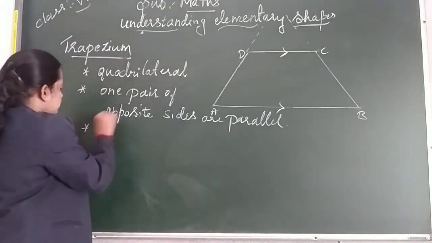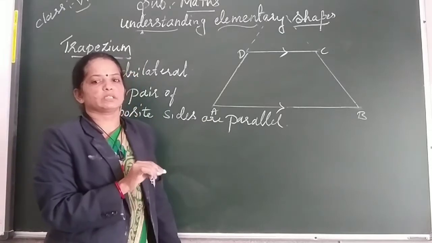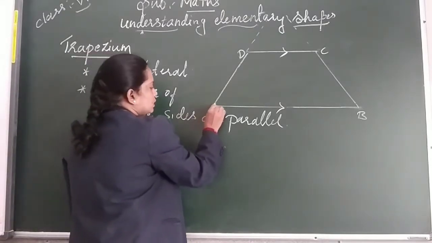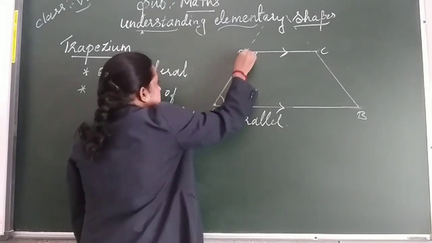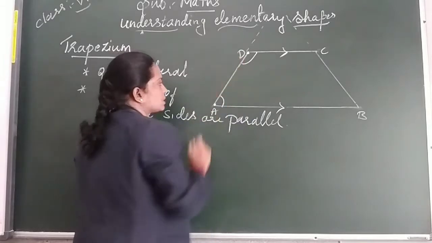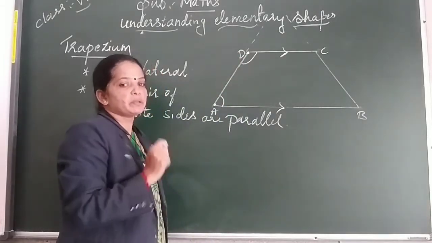And another one, you know the adjacent angles. In the previous class we learnt about the adjacent angles. So here angles A and B are adjacent angles. So adjacent angles of a trapezium are supplementary.